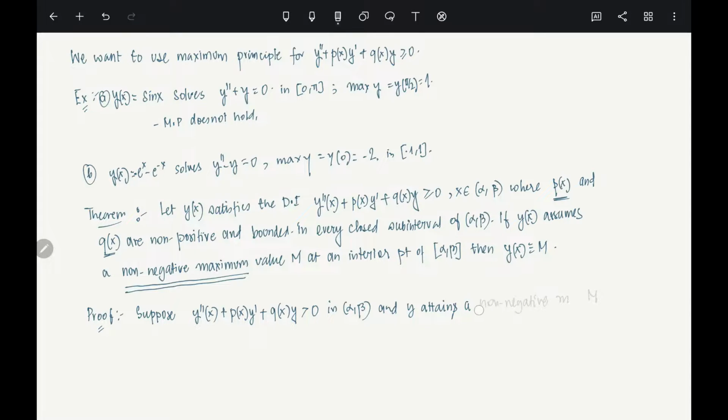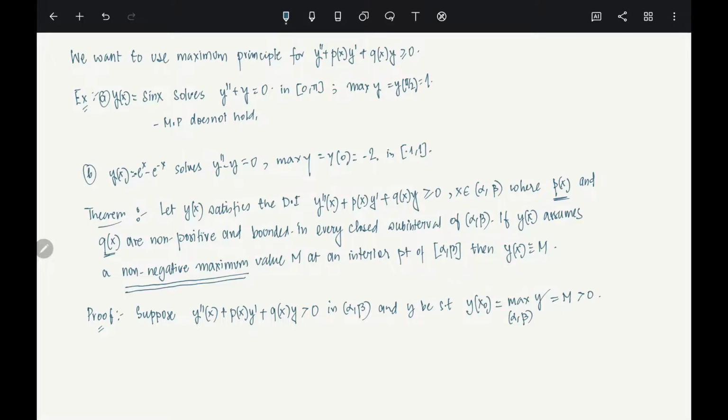So y is such that y at the point x naught equals the maximum of y in alpha beta, which equals m. Let's say that is positive. This is what we are assuming.